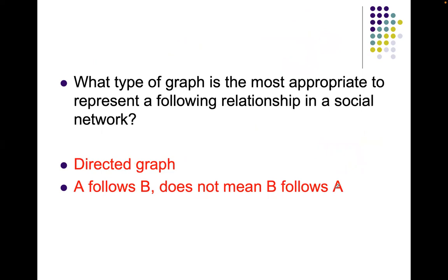Let's say we're talking about another social network, and we're talking about a following relationship, for example, like Twitter. In Twitter, A follows B. If A follows B, that doesn't mean that B also follows A. So here we are talking about a following relationship, meaning who follows whom.